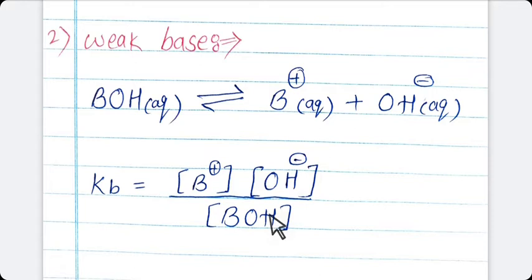Means concentration of B plus, concentration of OH minus upon concentration of BOH. Forward reaction we are considering here. So these are the information about dissociation constant of weak acid and weak base, which is denoted by Ka and Kb.